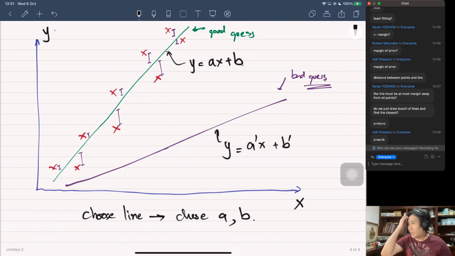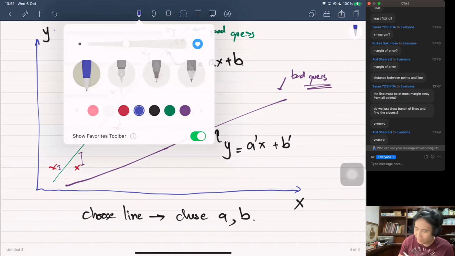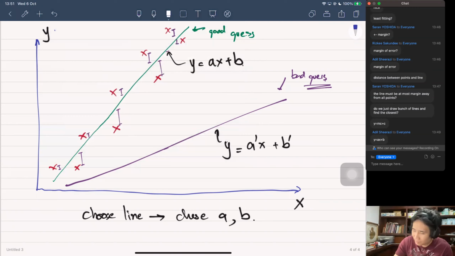The goal here is to pick A and B such that the line is closest to the data. Let me put here Y guess, because this is what you guess, the Y line.